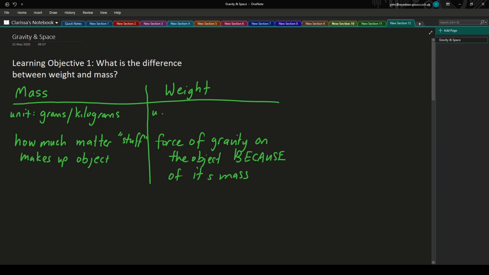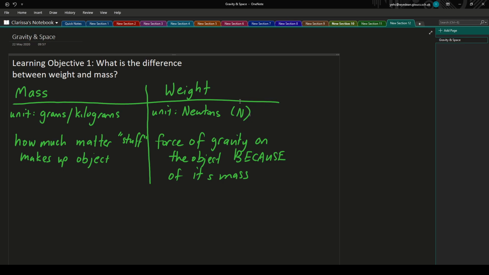And the unit for weight is newtons because it is a force. So when people say things like, I weigh 50 kilograms, that in terms of physics is actually incorrect to say. You can't weigh a unit for mass. Your weight is measured in newtons because it is the force of gravity pulling on you because of your mass.